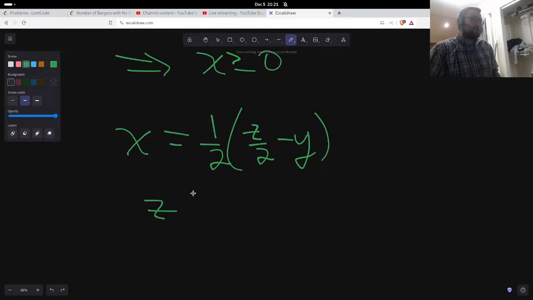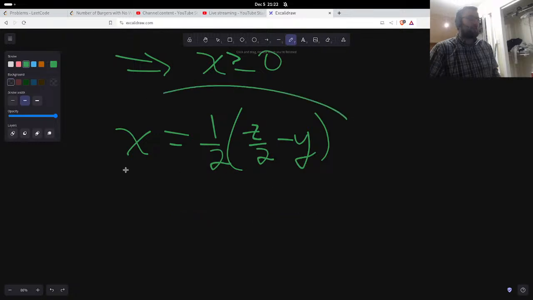Also implies that z is divisible by 4. Does z have to be divisible by 4? No. It just means that z over 2 minus y has to be divisible by 2. Does this work?